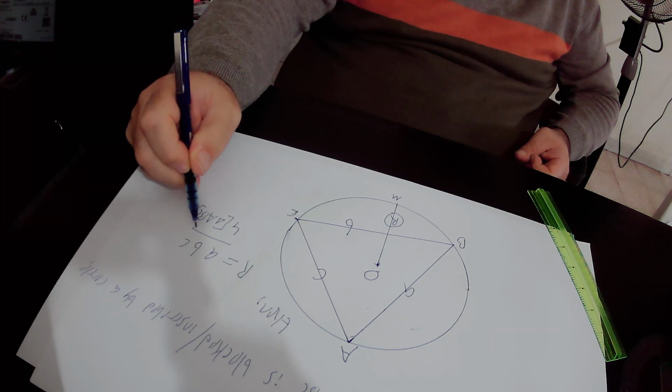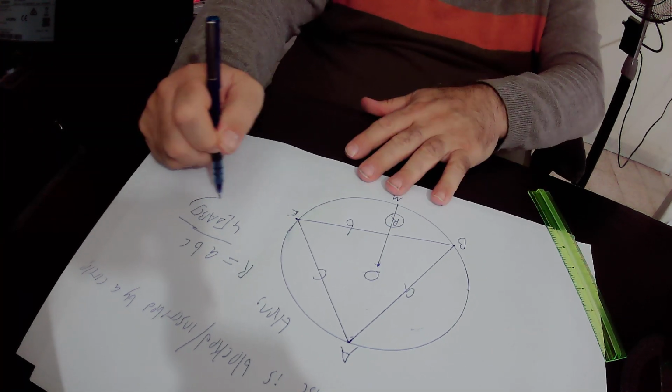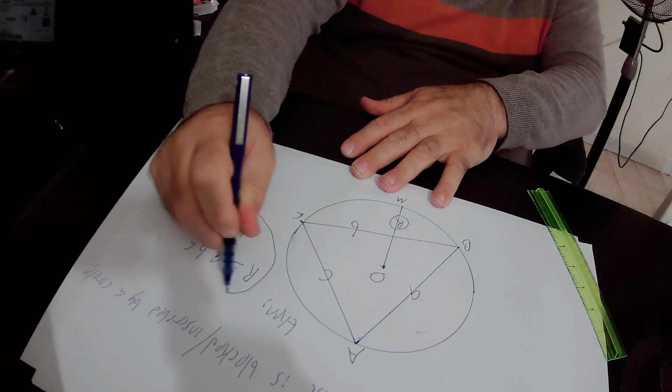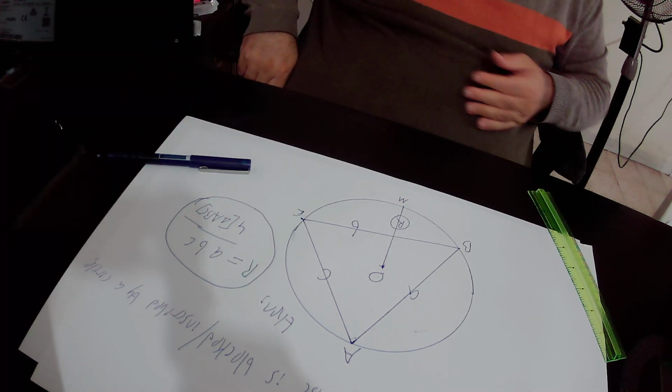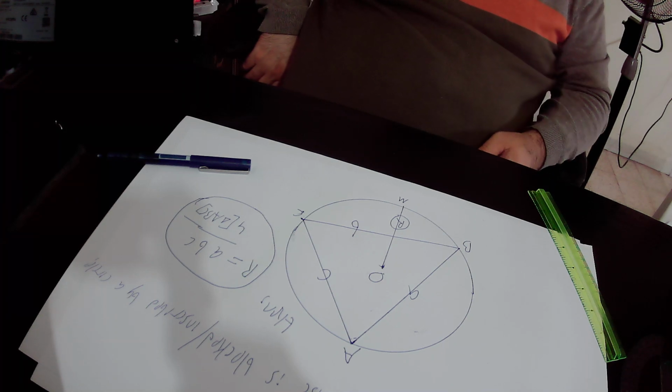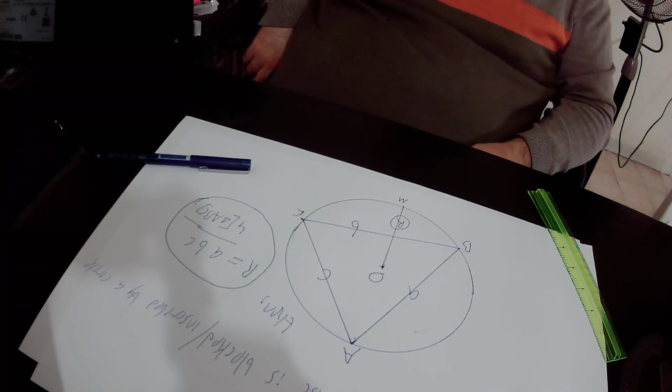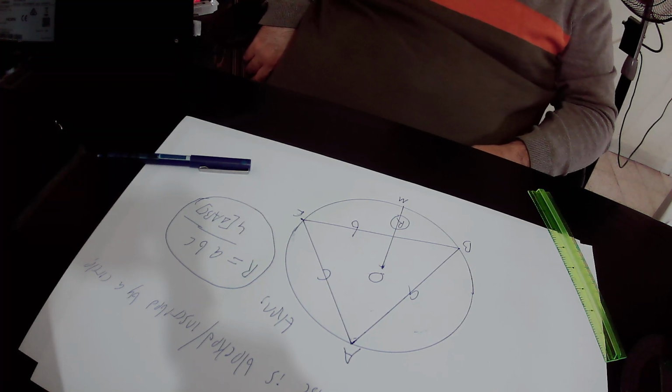Okay, so whenever you have a triangle that is blocked by a circle, you can find out the radius of the circle that blocks triangle ABC only by knowing the side lengths of the triangle. Okay?